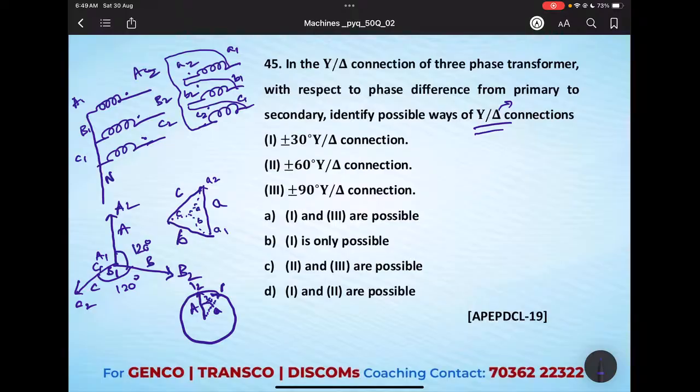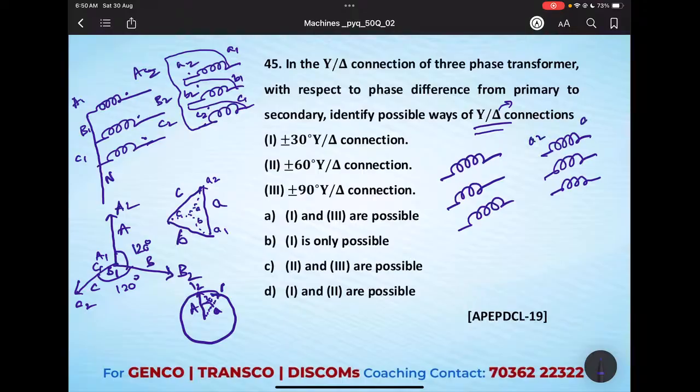Similarly, if you make the second type of secondary connection, how will we get it? It will be like this. Let's write down, this is primary, it will be secondary. Based on the sense of connection of delta, it will vary. How will it vary?